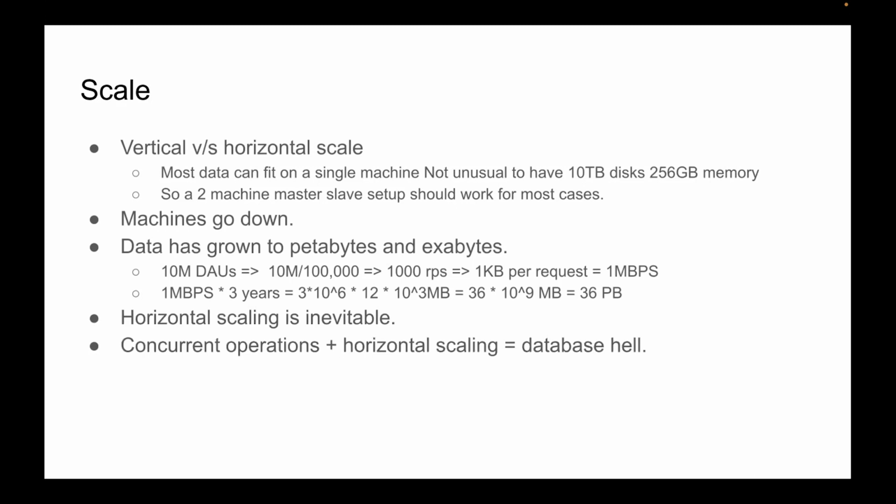Now imagine I have to do concurrent operations on a horizontal scale, which means that the previous lock that I was obtaining to maintain integrity, I now have to obtain not over just one record on one machine, but on multiple copies of that record on multiple machines, right?